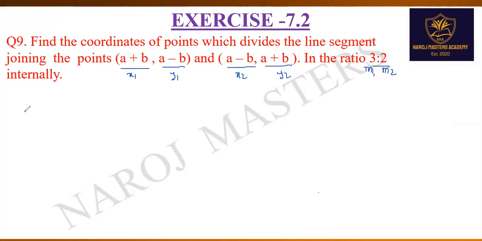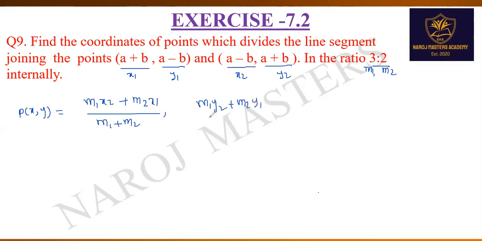So find the coordinates, that is p of x comma y is equal to m1 x2 plus m2 x1 by m1 plus m2. So this is x coordinate, and m1 y2 plus m2 y1 by m1 plus m2. This is y coordinate. So substitute the values here.